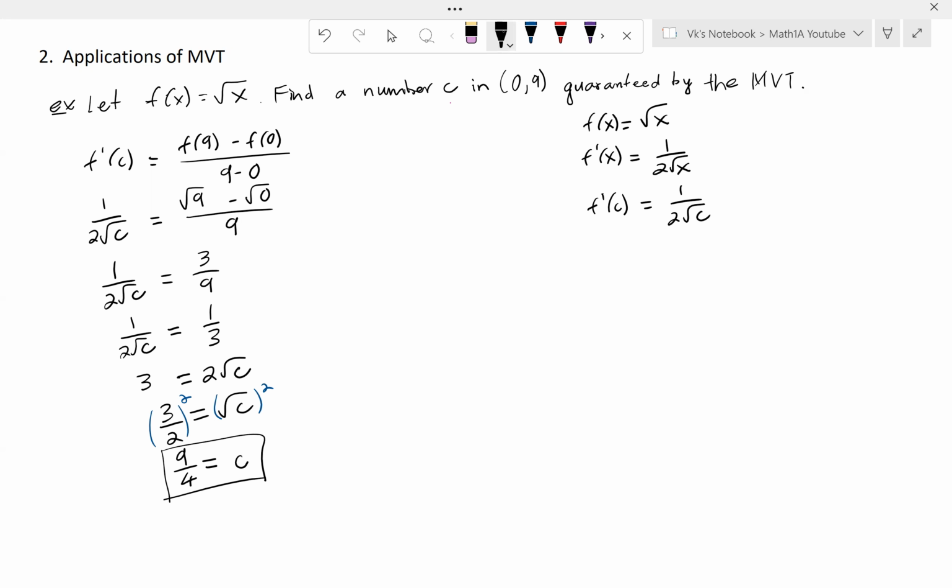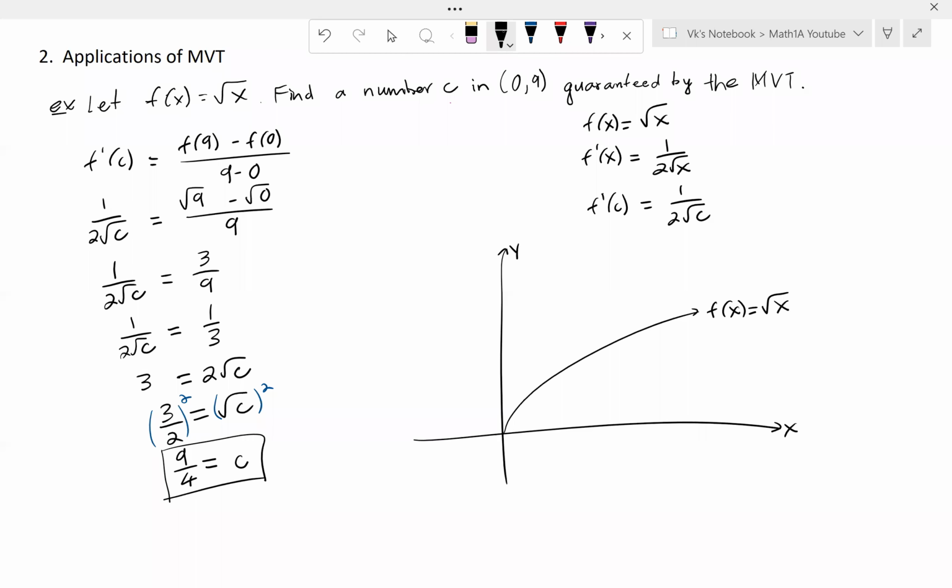Let's take a look at the graph here. This is the sketch of the square root function. f(0) is 0, f(9) is 3. So there's another point.